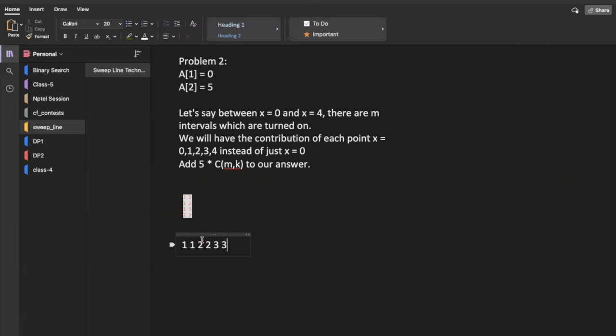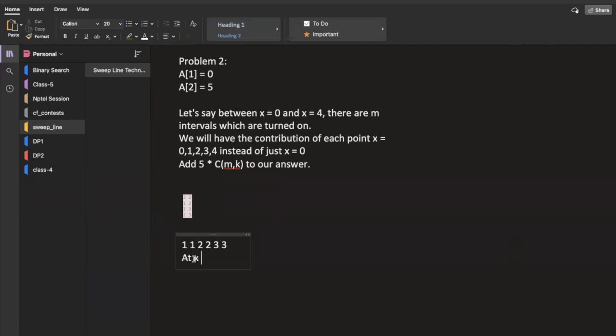At x equals to 1, we notice that there are 2 intervals which are turned on, the first interval and the second interval. And the value of k is greater than or equals to 2. So we are here at x equals to 1 right now, and there are 2 intervals turned on. So there is just one way to choose 2 intervals out of these 2 intervals.